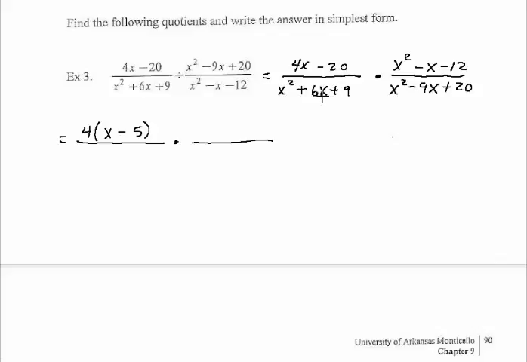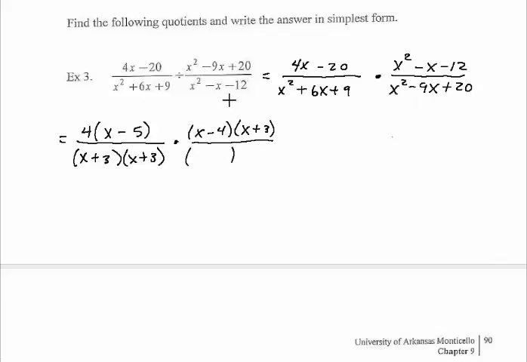An x squared plus 6x plus 9 is a perfect square trinomial, and it factors as x plus 3 times another x plus 3. This numerator will factor as x minus 4, x plus 3. Just to double check, negative 4 times 3 is negative 12, and negative 4 plus 3 is negative 1.